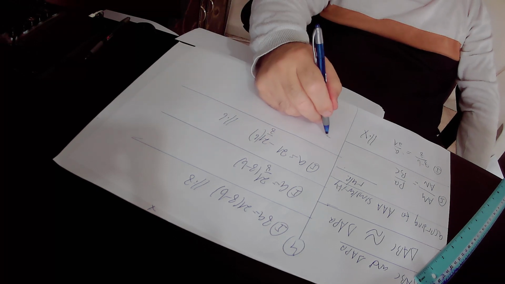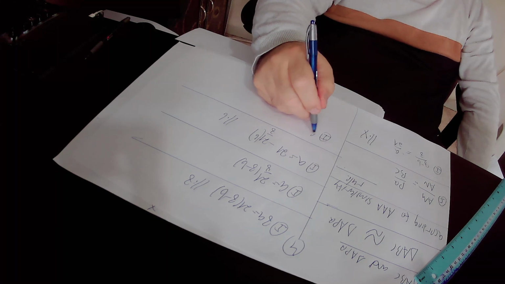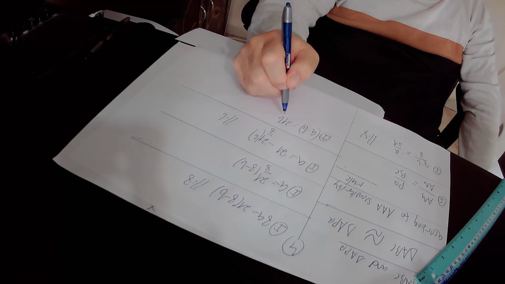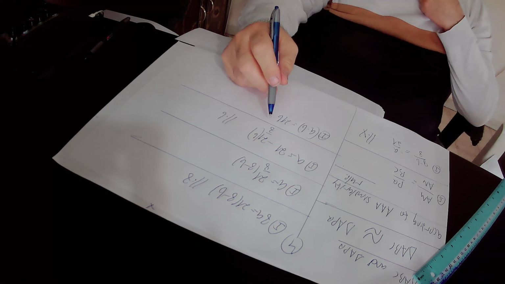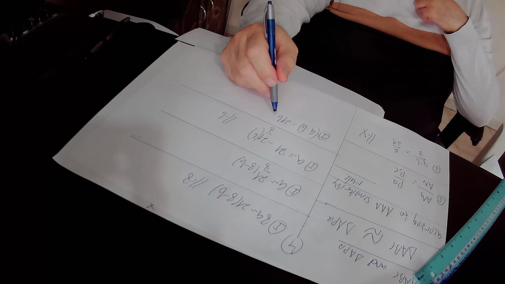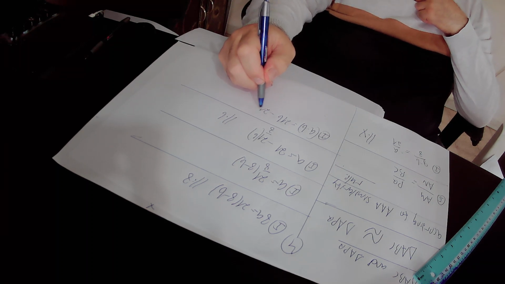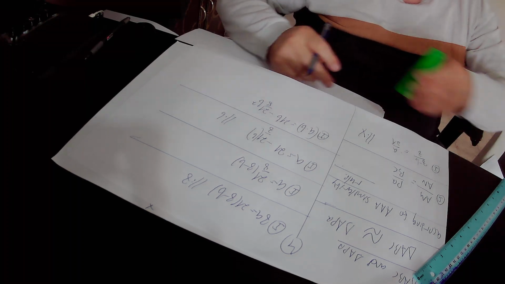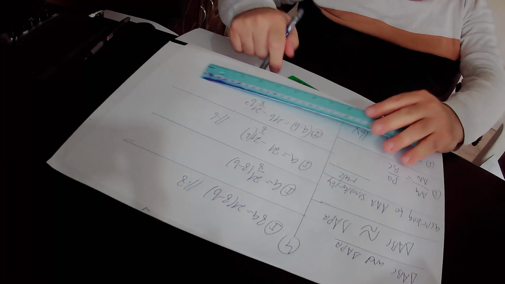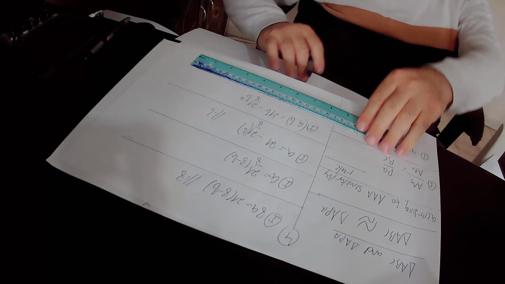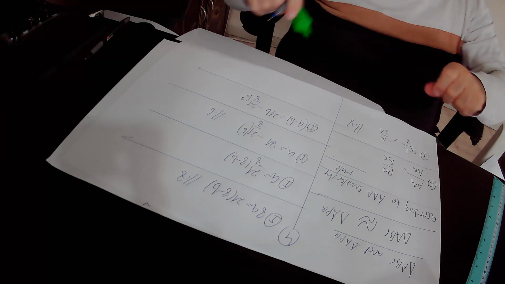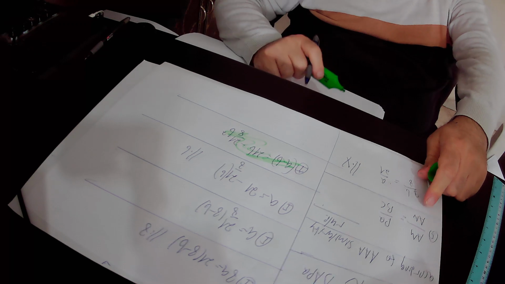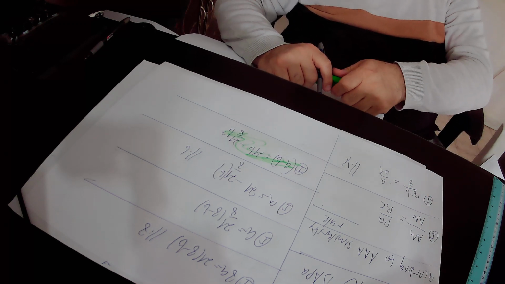So A times b equals 21b, and minus 21 over 8 times b is minus 21 over 8 times b squared. So we found that A times b equals 21b minus 21 over 8 times b squared.